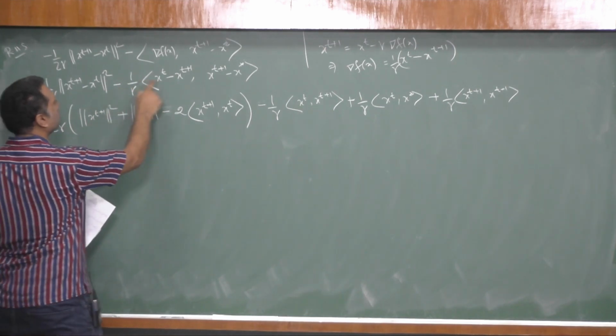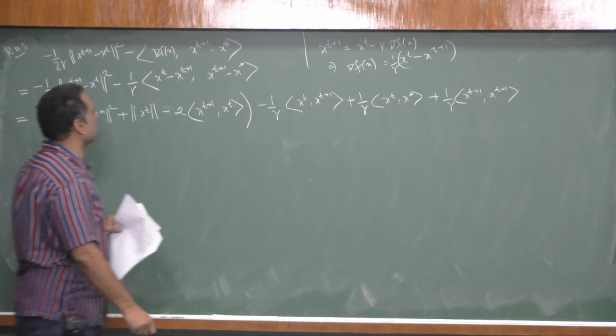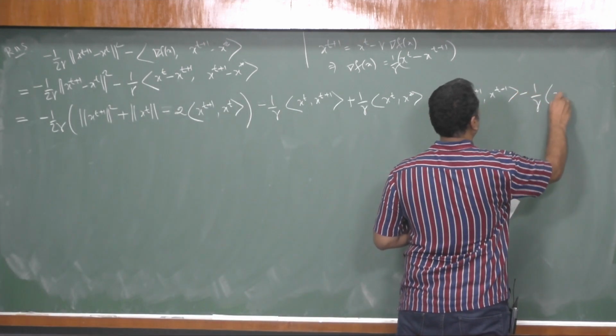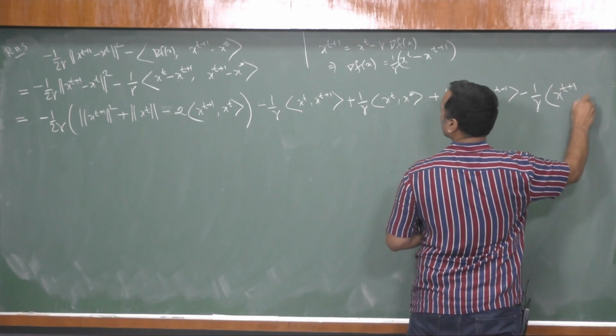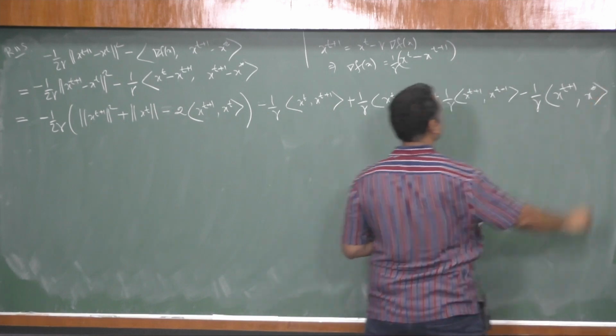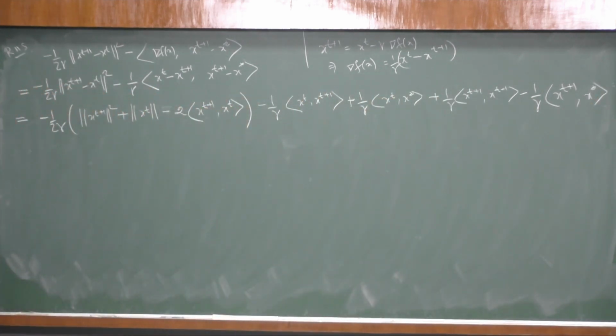And then there are 3 minus, so overall it's minus 1 by gamma xt plus 1 x star. Okay, so we are supposed to complete the square, so we have to see which terms are good for that.